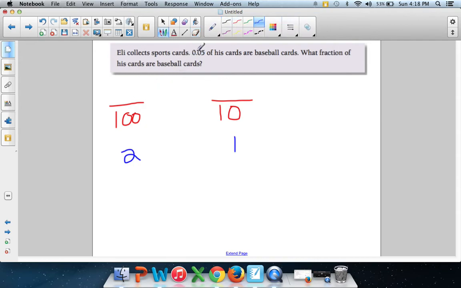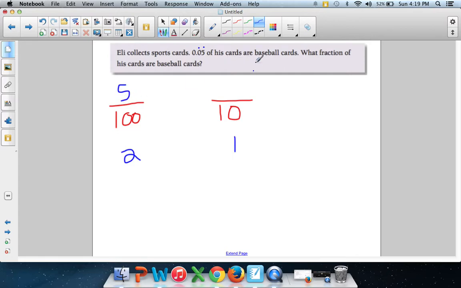Does that have 1 or 2 places? 2 places after the decimal. So, that means that 5 is going over the 100.